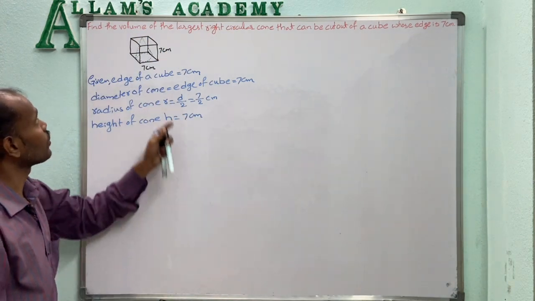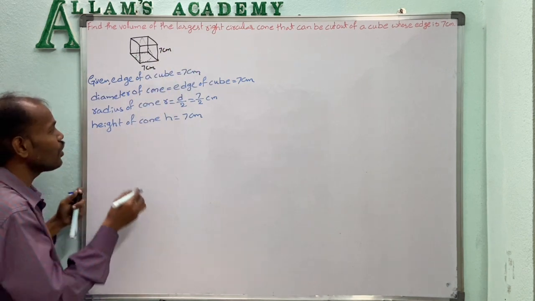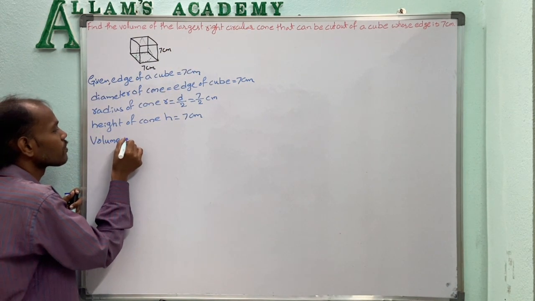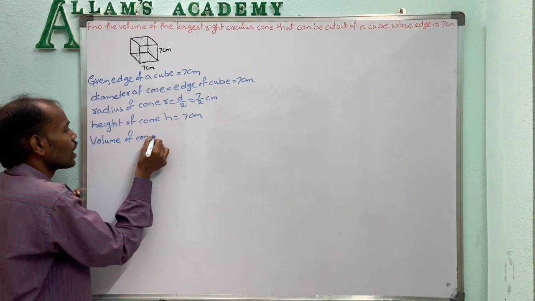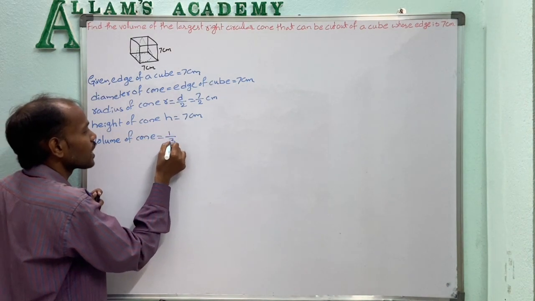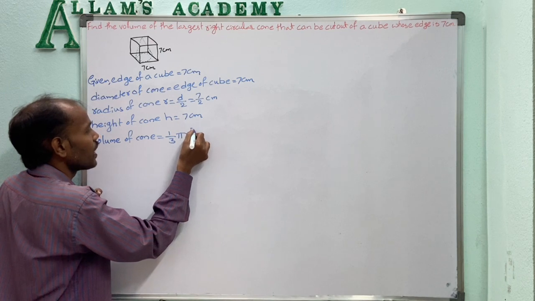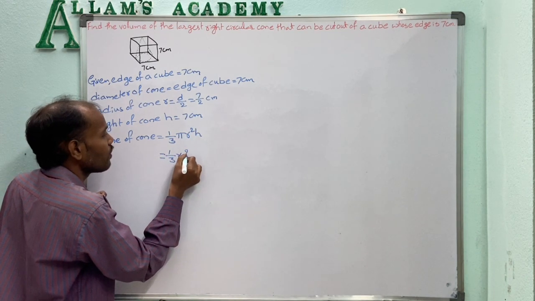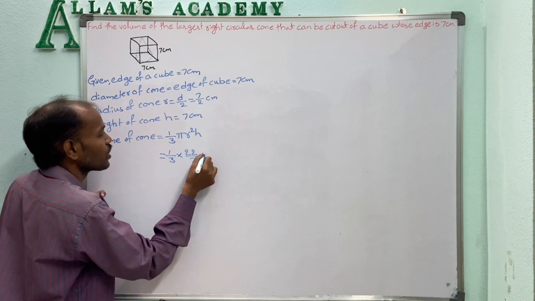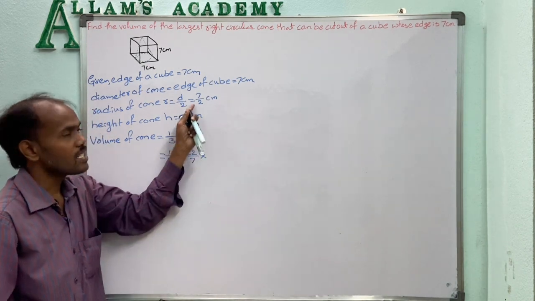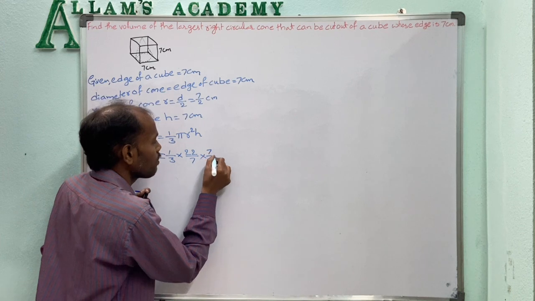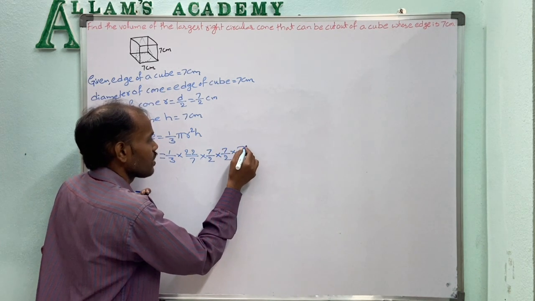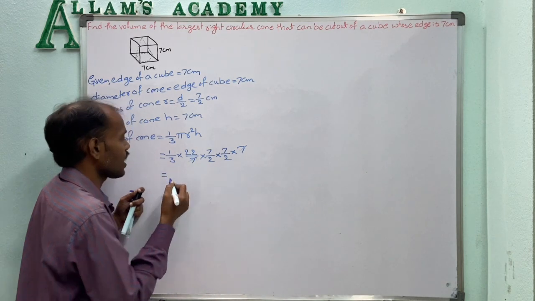So here we are asked to find the volume of the cone. Volume of cone equals 1/3 pi r squared h, that equals 1/3 into pi value 22/7 into r value is 7/2, so 7/2 into 7/2 into h 7. So 7 gets cancelled.